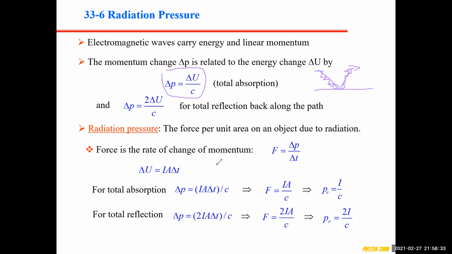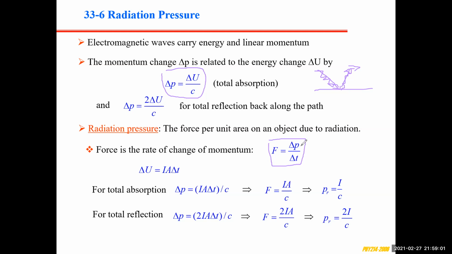So suffice to say that the P_R here indicates the radiation pressure. So this is a force. Just imagine that when you have an electromagnetic wave impinge on the ground, there's a momentum change. We know that force and momentum change are related by Newton's second law, if you remember.